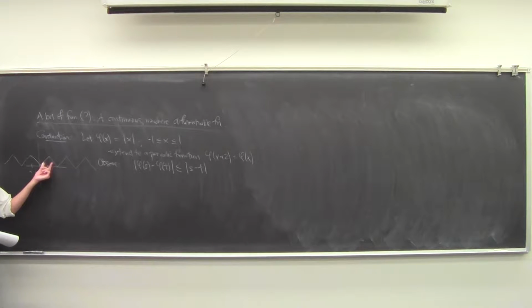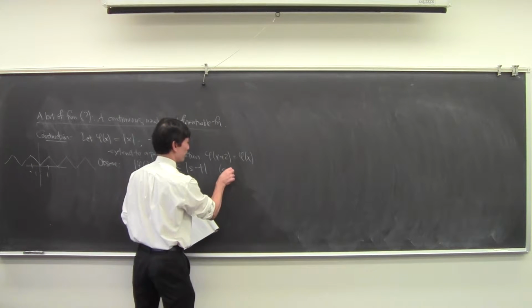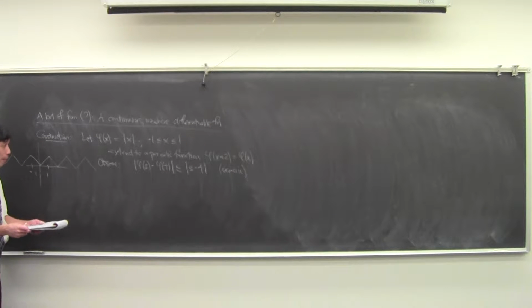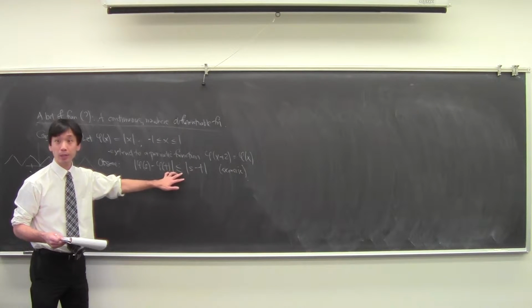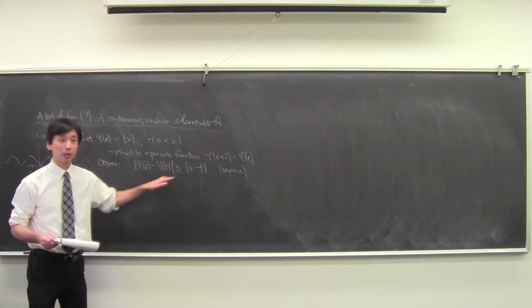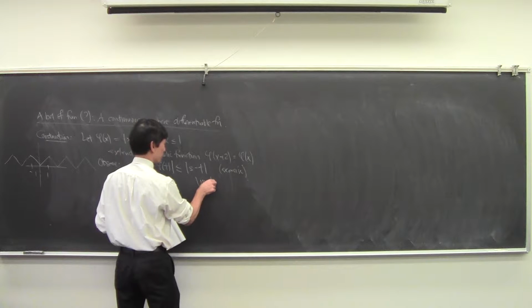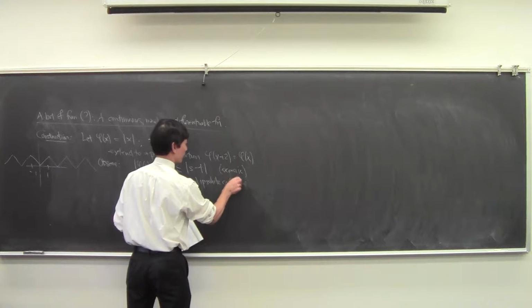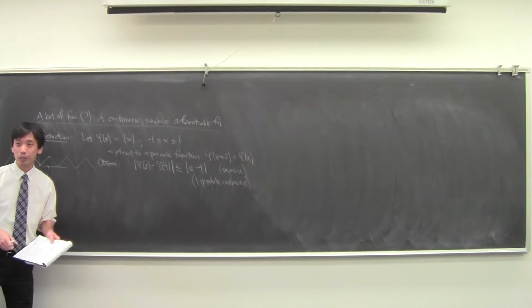But it's an easy exercise, so just leave it as an exercise. This means that the function has a certain type of continuity, called Lipschitz continuous. And on one of your exams, I think you proved that this is stronger than uniform continuity.